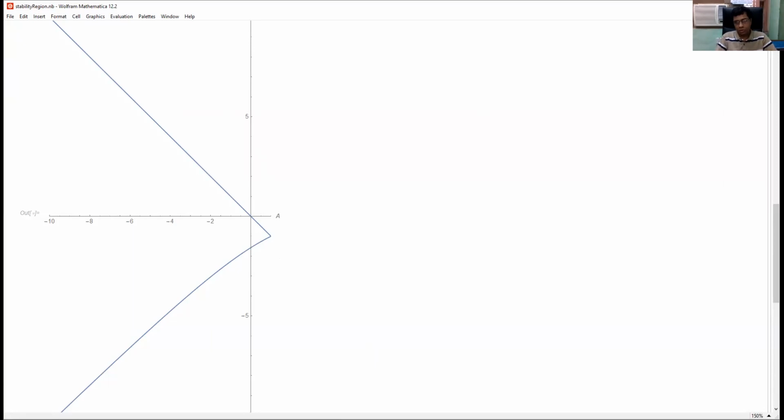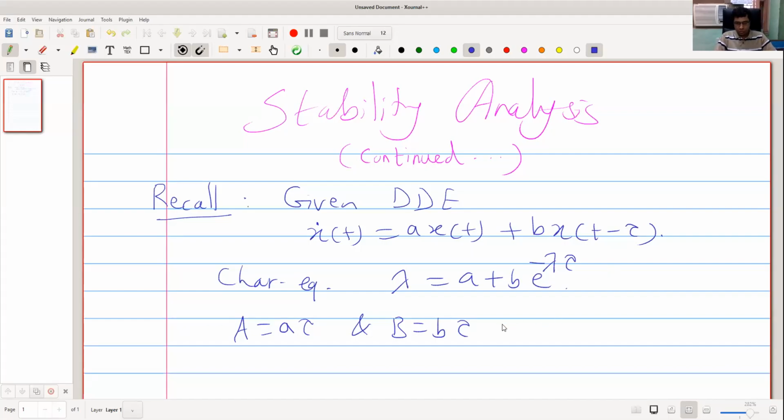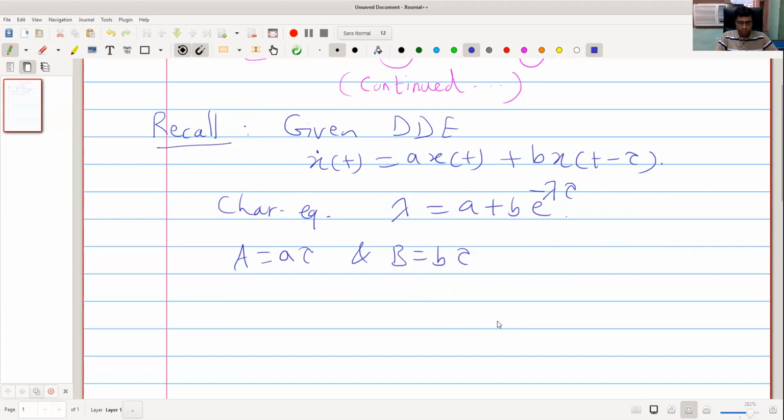And one more thing, we should note that even though we are discussing all these results for linear delay differential equations, we are going to use these results in analyzing non-linear equations also. So if we have a non-linear delay differential equation, the procedure is to find equilibrium points.